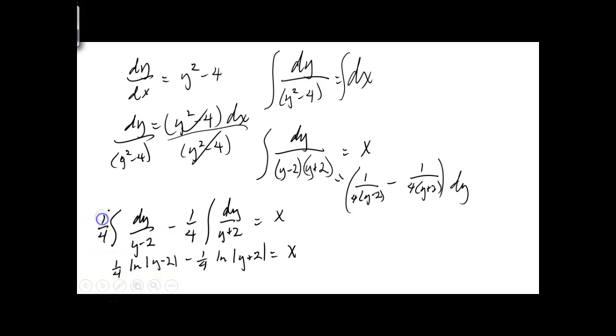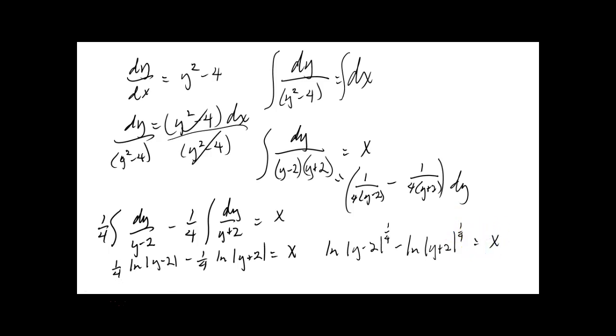All right. So what I'll do now, I'll take this one and rewrite it this way. The log of y minus 2 to the 1/4 power minus the log of y plus 2. So we do ln of a divided by b. This is equal to x.